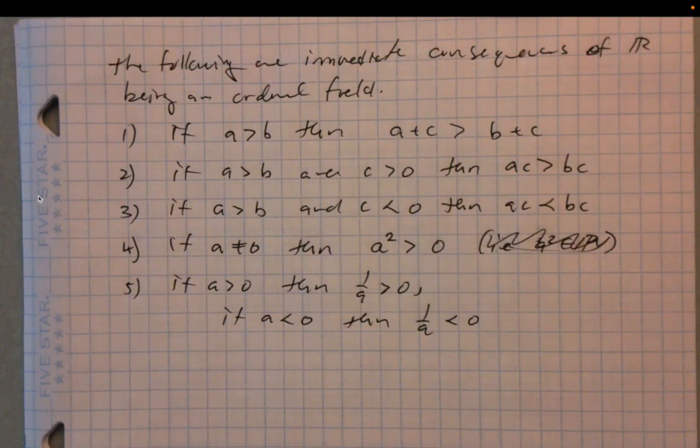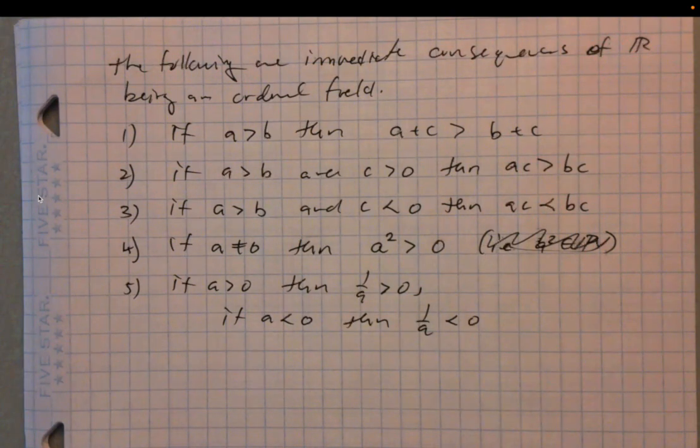So if you have an element in P, then its multiplicative inverse is also in P. And if you have an element that's not in P, then its multiplicative inverse is not in P. You could contrast that with your intuition about the additive inverses. If A is in P, then negative A must not be in P. We saw that as one of the order properties, in fact. But when it comes to the multiplicative inverses, they're either all in P or all out of P.